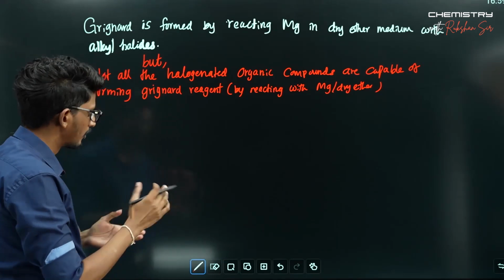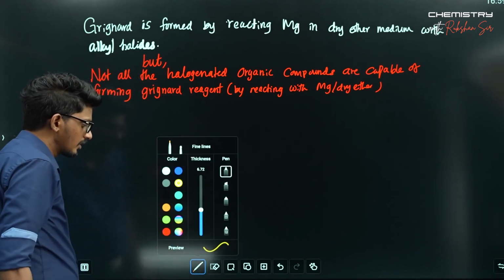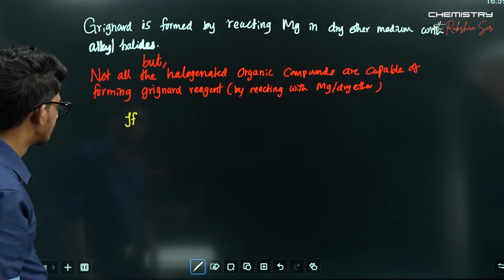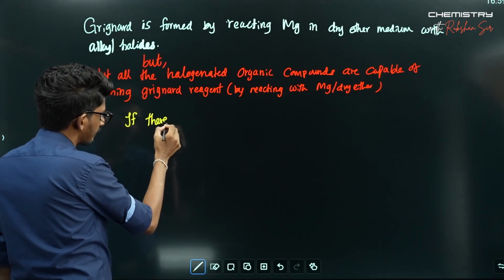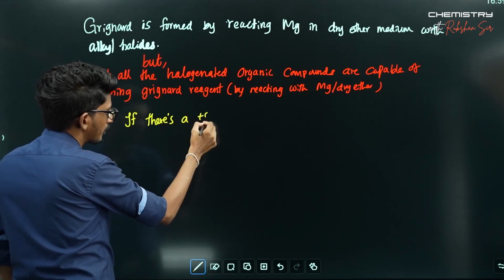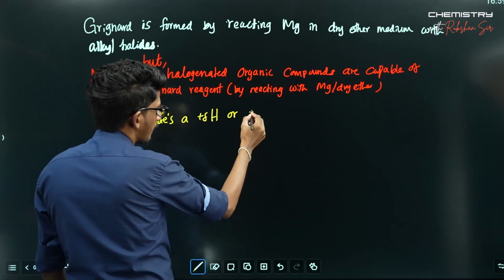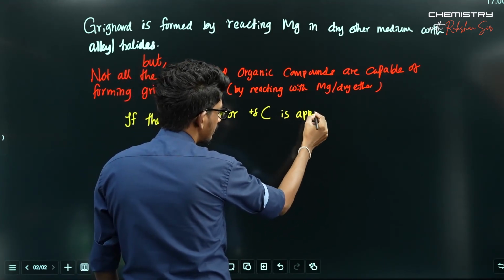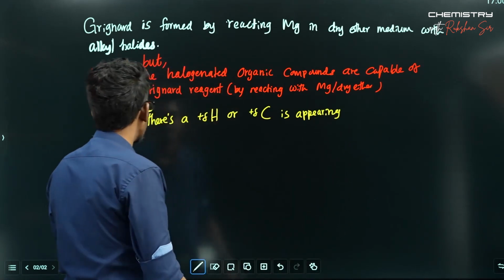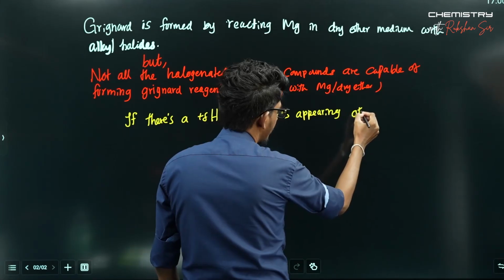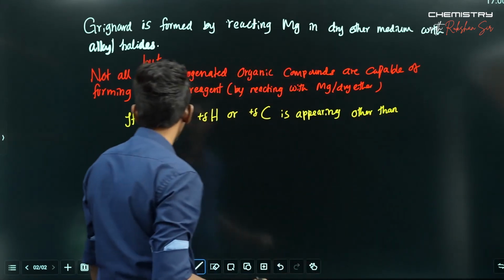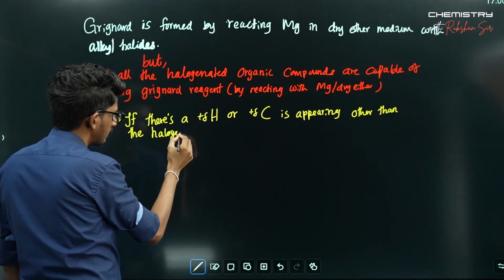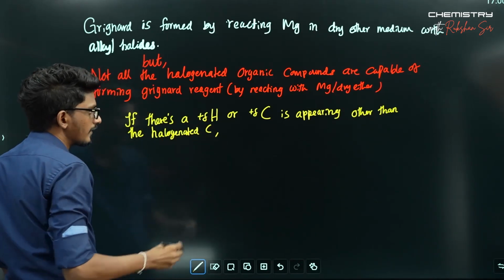Let's discuss that. The point is this: if a positive polar hydrogen or positive polar carbon is appearing other than the halogenated carbon, a Grignard cannot be made from such compounds.